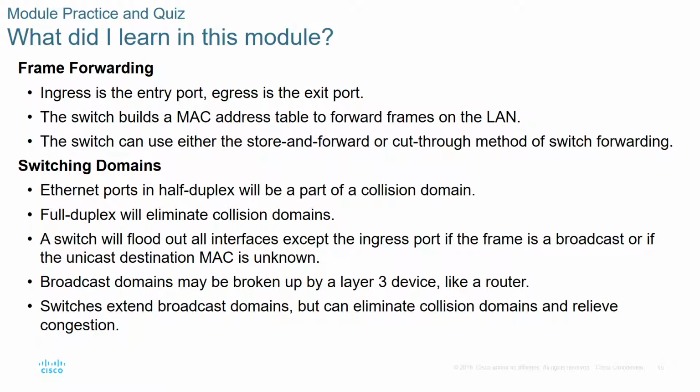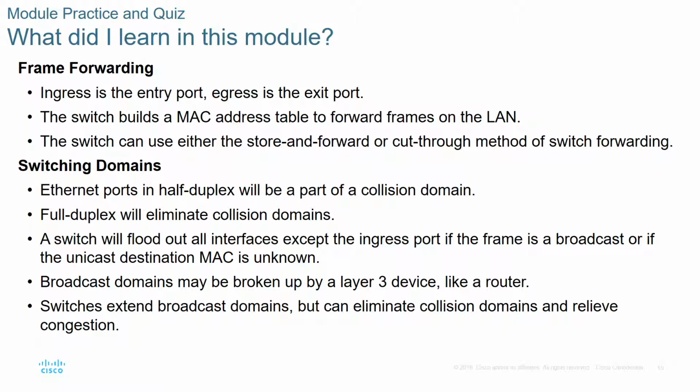A switch will flood out all interfaces except the ingress port if the frame is a broadcast or if the unicast destination MAC address is unknown. Broadcast domains may be broken up by a Layer 3 device like a router.